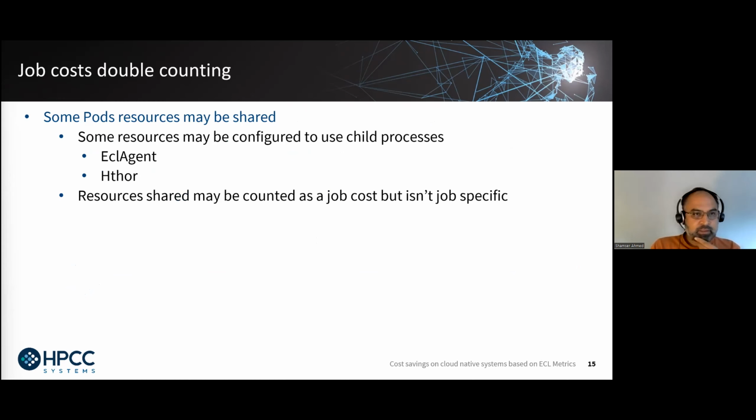We've covered this briefly: there is an issue of double counting. If resources for a pod are shared, then there is a possibility of double counting. We've tried to avoid that, but there is still some double counting as far as some of the resources go.